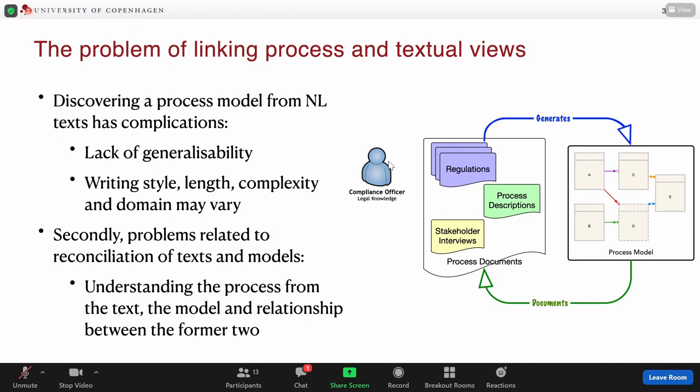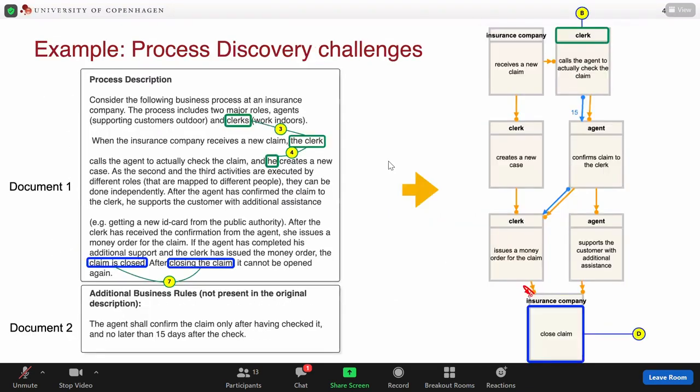Then we need to understand what constitutes a process element within the text, and what parts don't really add value to the process representation. So in the sake of time, we only have 5 minutes, so I'm not going to go very deep into the full spectrum of the complexity of the challenges we have in the paper.